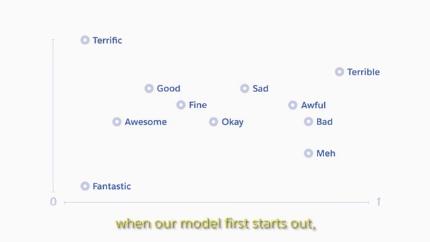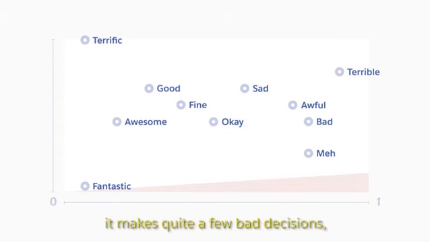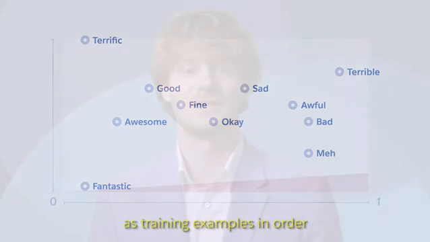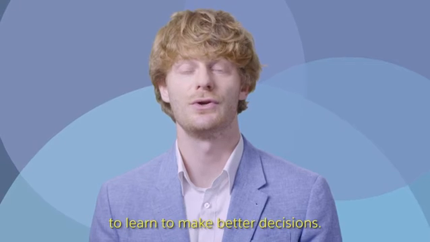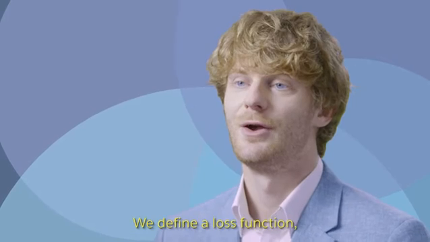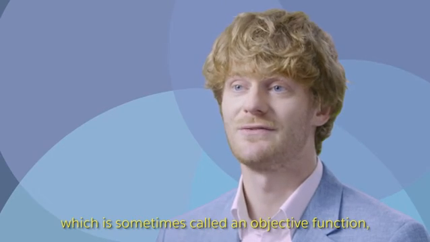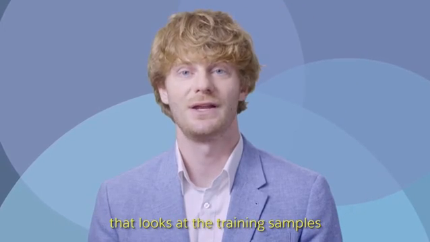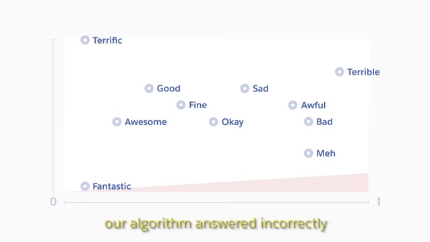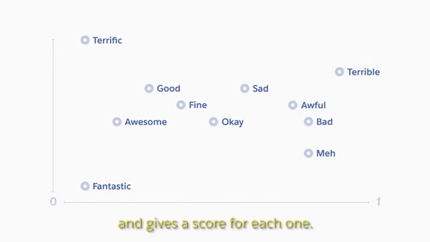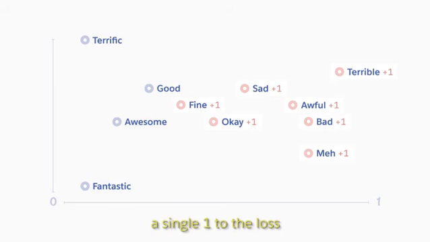As you can see, when our model first starts out, it makes quite a few bad decisions, but it will use the words we give it as training examples in order to learn to make better decisions. We'll define a loss function, which is sometimes also called an objective function, that looks at the training examples our algorithm answered incorrectly and gives a score for each one. In this case, let's just say we add a single 1 to the loss for every example the model got wrong.